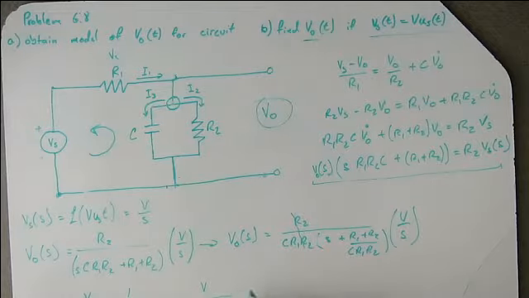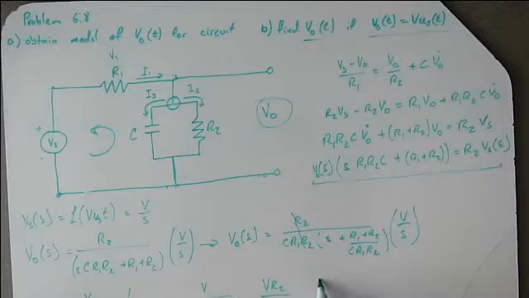R1's cancel, the 2 goes to the top. C's cancel, R1 plus R2. This one over. Oh yeah, this was where you multiply.